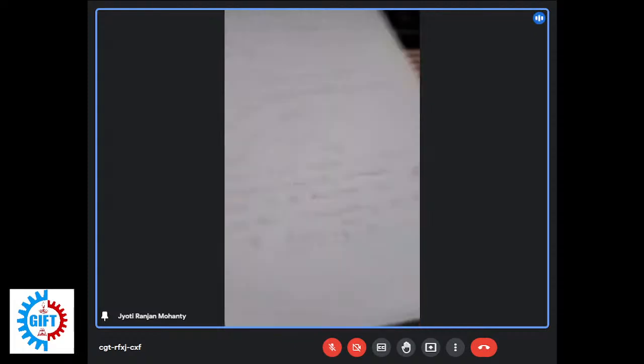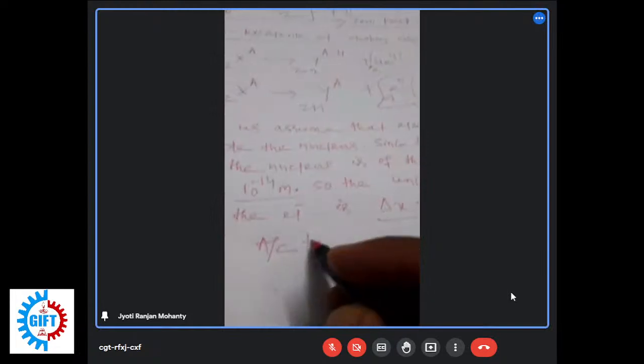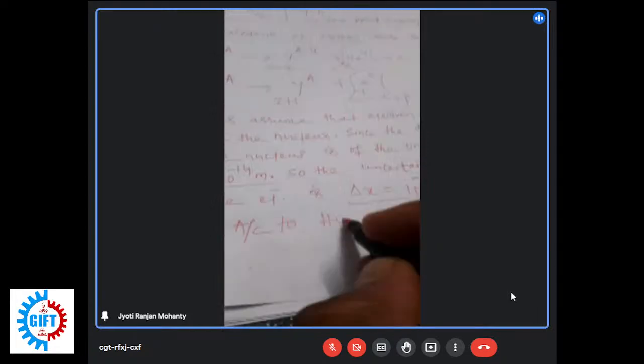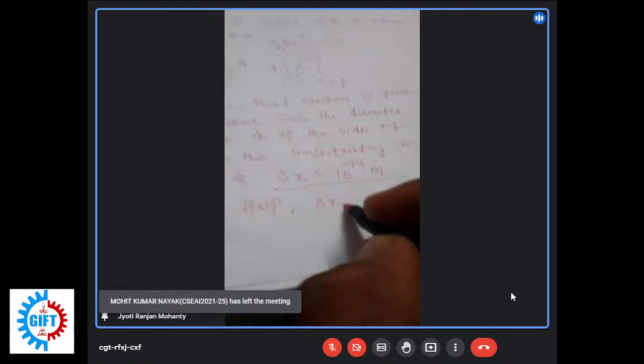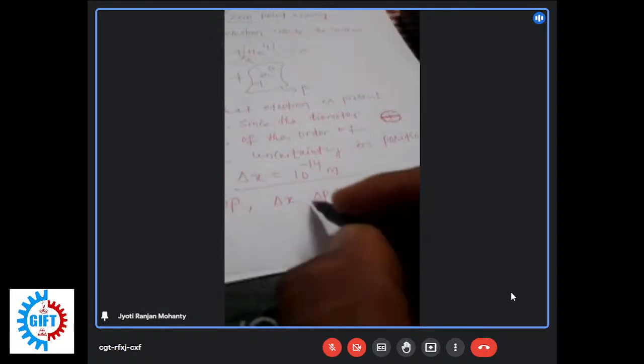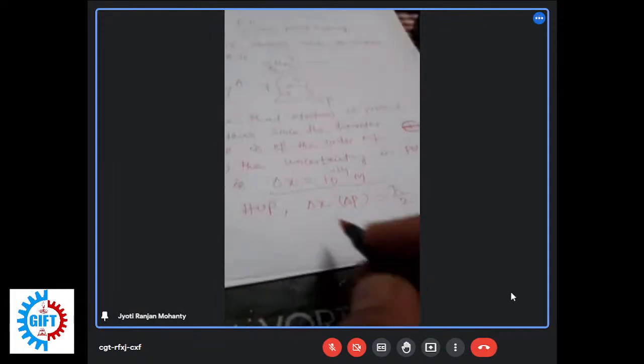Understood by everyone? Okay. According to HUP, means Heisenberg uncertainty principle, del x into del p is equal to h cross by 2.